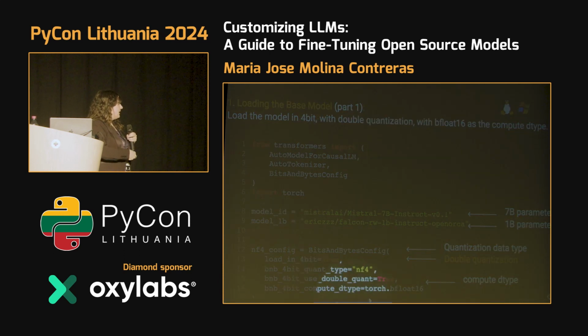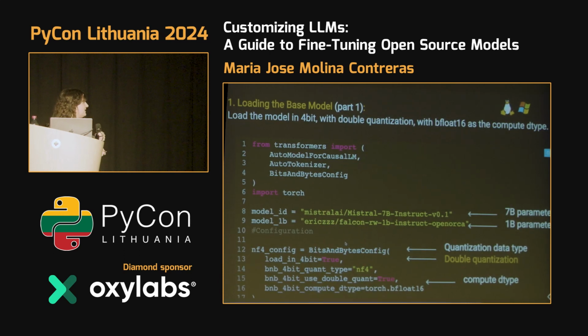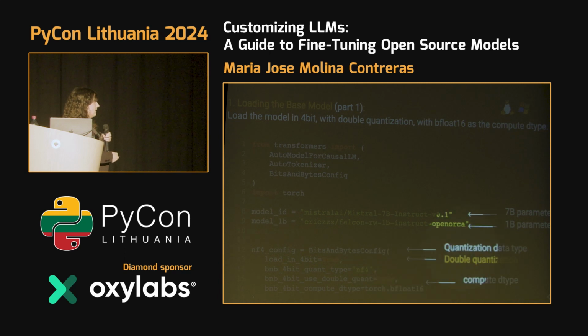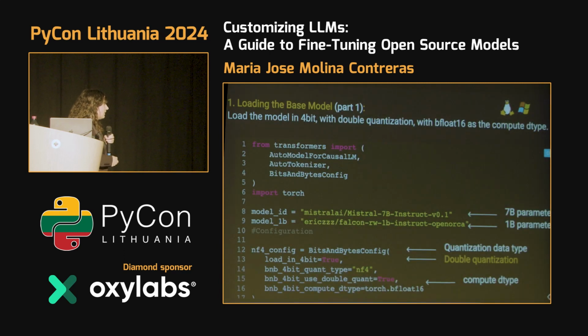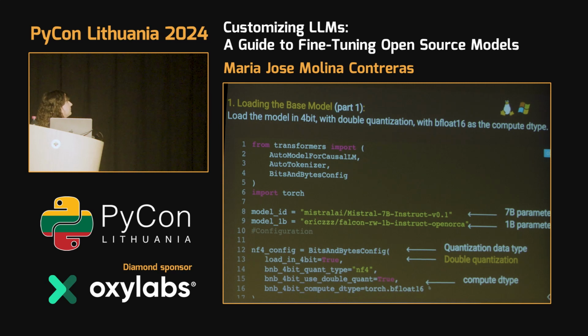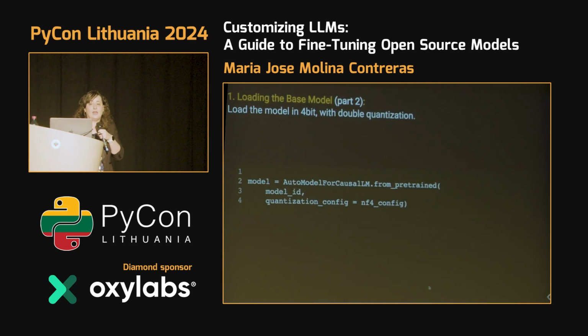Then you have the configuration. I hope that you can see this, a bit low, but what we are doing here is the quantization part. Here we have the double quantization, here is the format of the data, and here we have the compute data type. Once we have the configuration set, we need to load the model, of course.